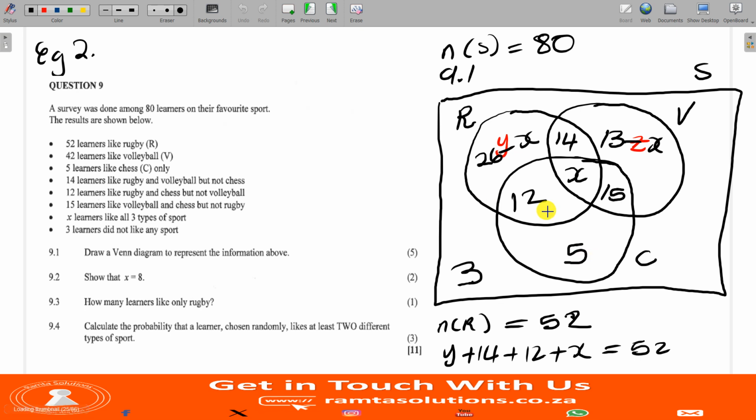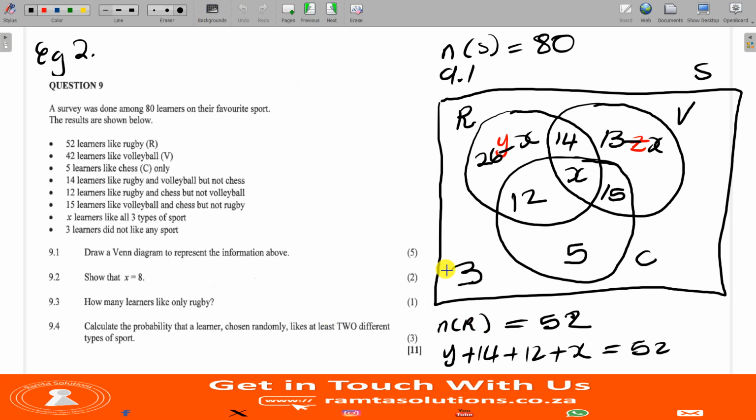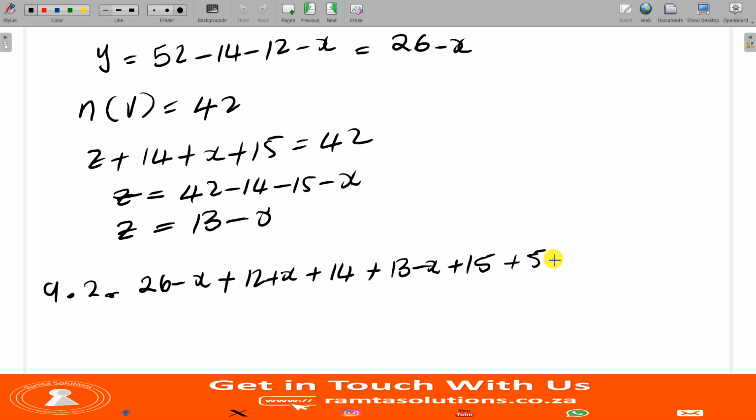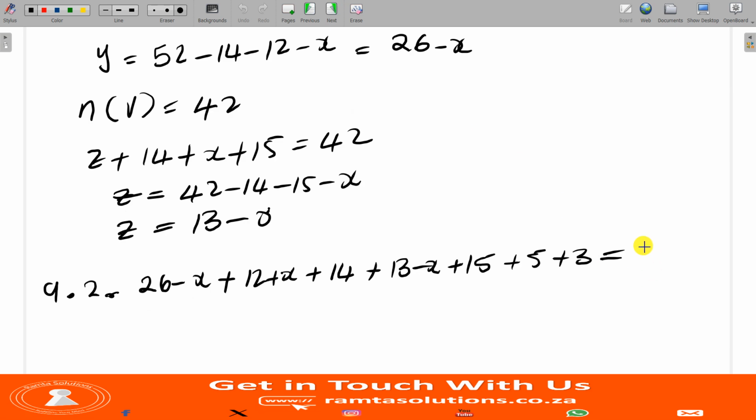And plus 5, and plus this 3 here, is equal to the total, which was 80. When you do this, you will be okay.